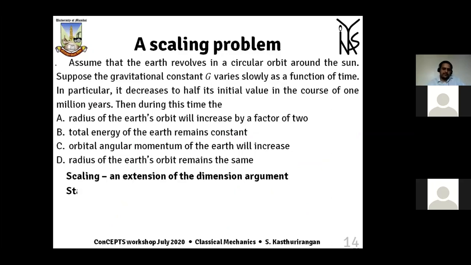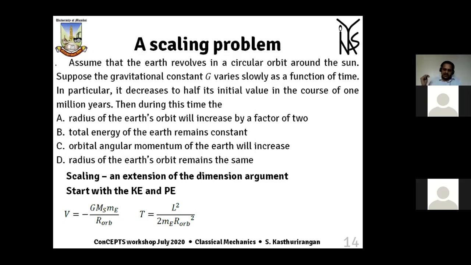If we are assuming that it is moving in a circular orbit, then the ratio of potential to kinetic energy remains constant. In other words, T is equal to minus half times V remains true throughout.